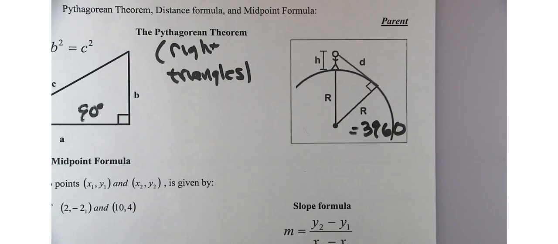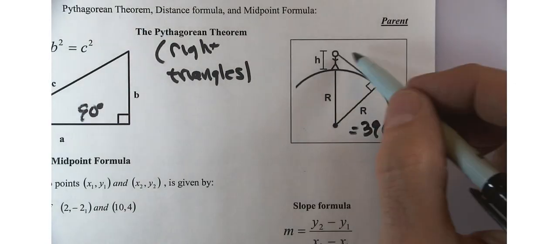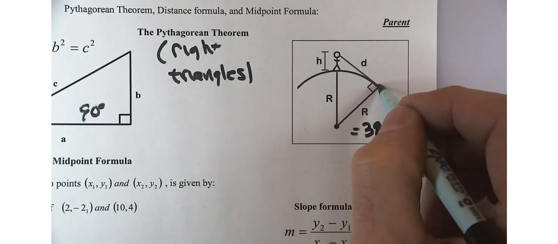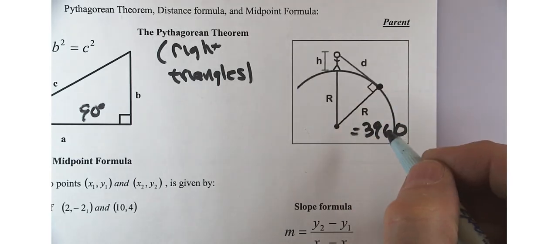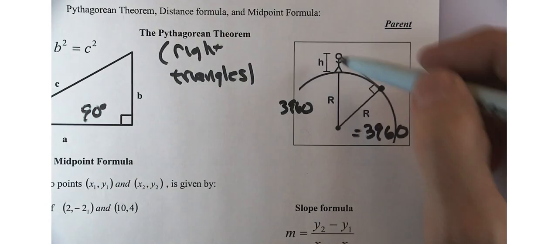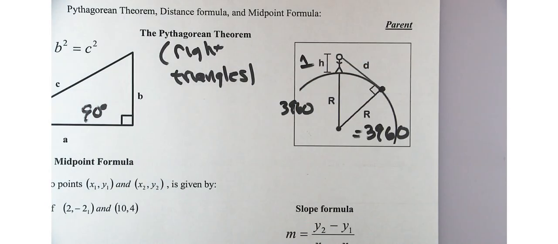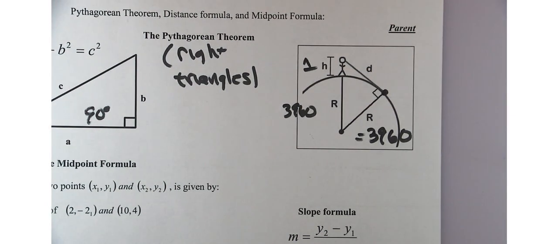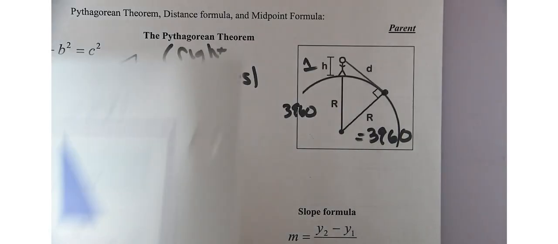So that radius is the same if I'm looking here, as far as my eye can see, or if I'm looking here, 3,960. But when I add in that 1 mile, and of course this isn't drawn anywhere near to scale, I actually get a little right triangle problem.